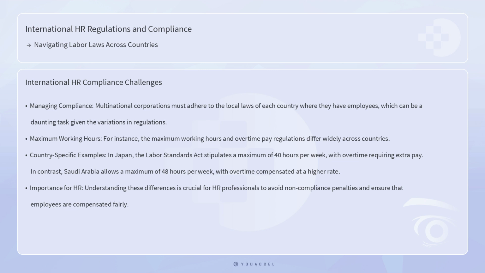In Japan, the Labor Standards Act stipulates a maximum of 40 hours per week, with overtime requiring extra pay. In contrast, Saudi Arabia allows a maximum of 48 hours per week, with overtime compensated at a higher rate. Understanding these differences is crucial for HR professionals to avoid non-compliance penalties and ensure that employees are compensated fairly.